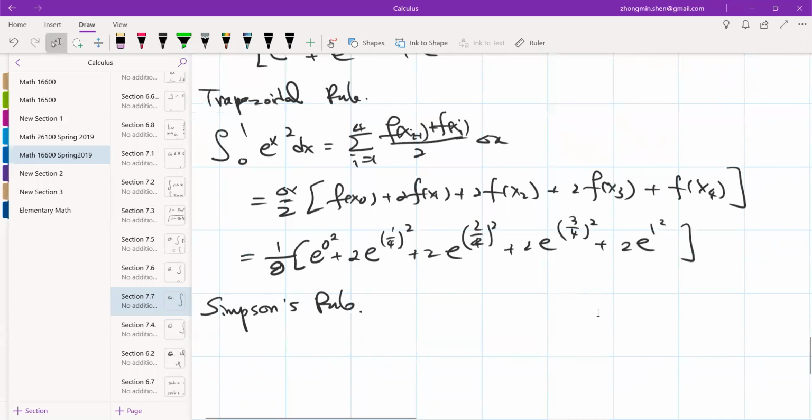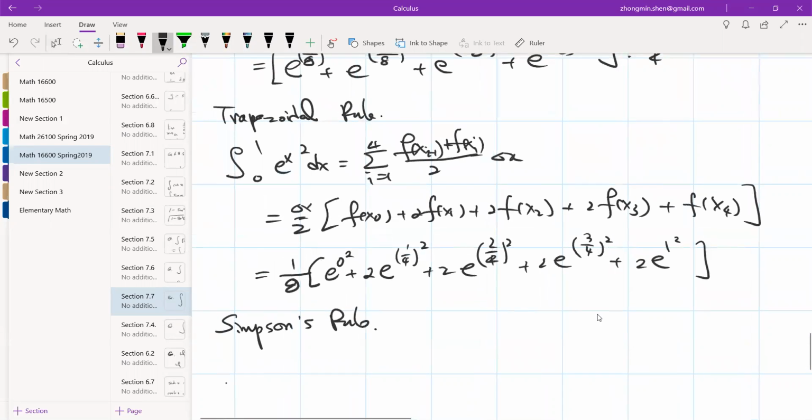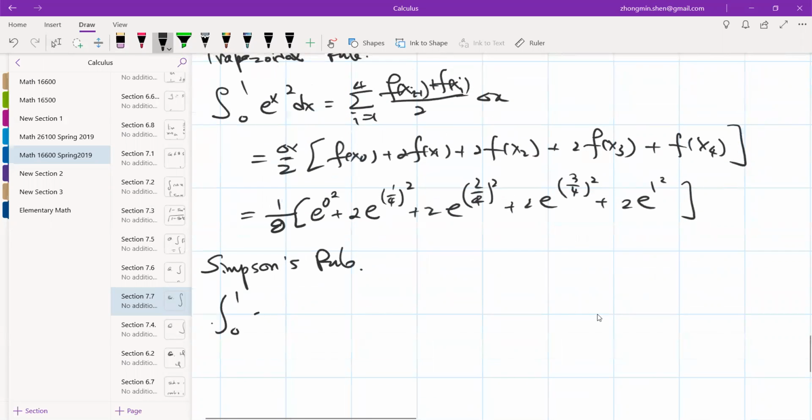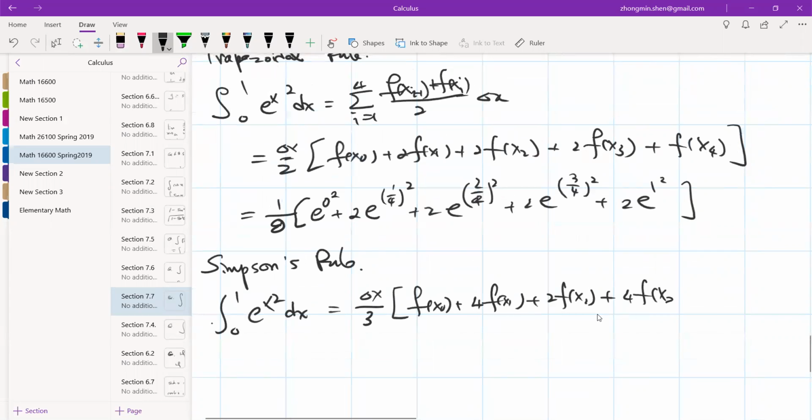So let's write down the details. This is going to be delta x over 3, and here will be the first one, y0, then 4f(x1), and 2f(x2), and 4f(x3), then f(x4). Okay, so those are all the terms.